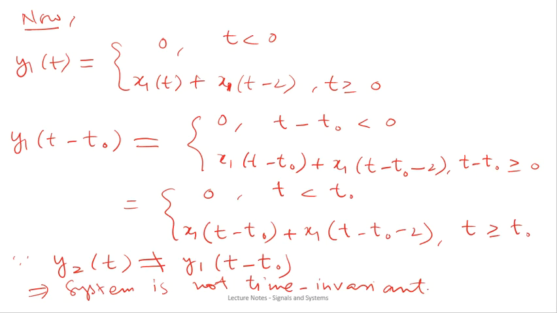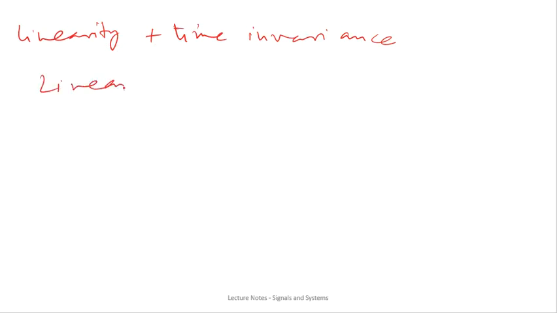The systems which follow both these properties, that is those systems which are linear as well as time invariant, are collectively called linear time invariant systems.